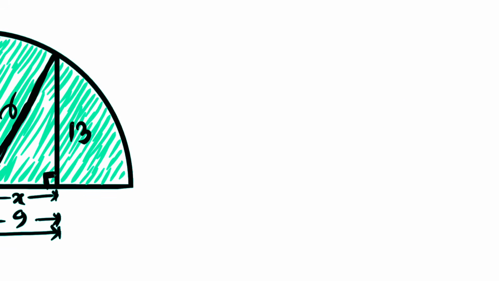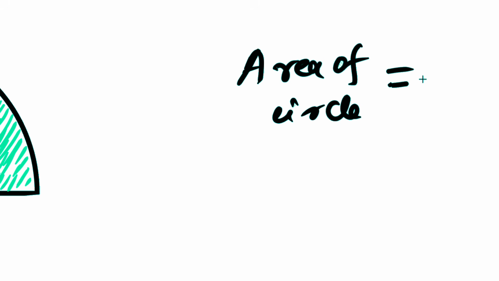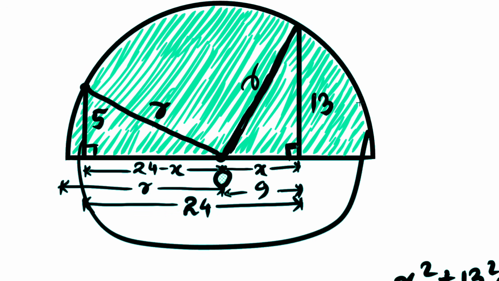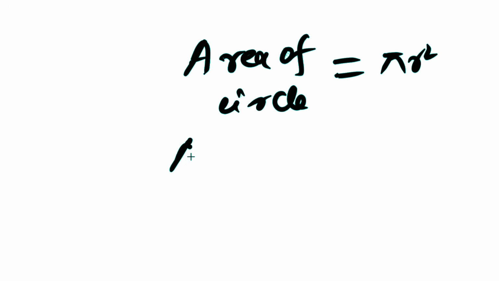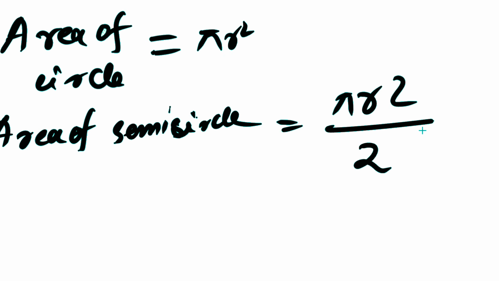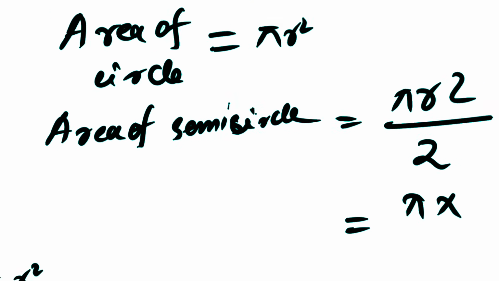The area of a complete circle is pi multiplied by r squared. Since a semicircle is exactly half of a circle, the area of the semicircle is pi multiplied by r squared divided by 2. So we write area equals pi multiplied by r squared divided by 2.